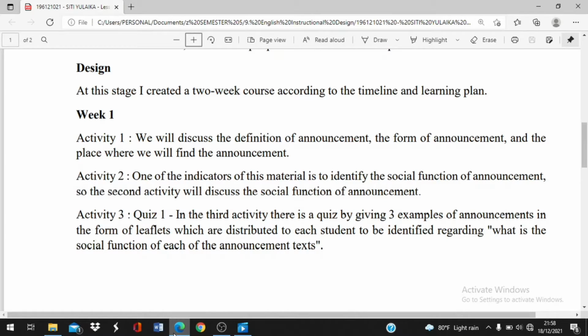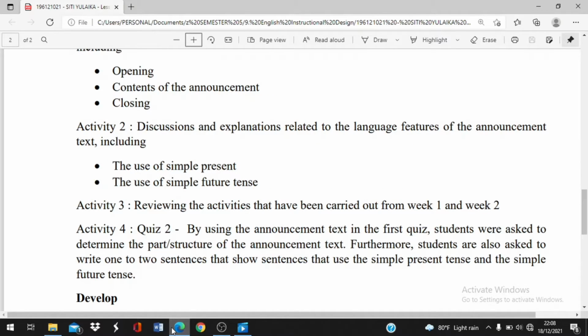Activity 3, Quiz 1. In this third activity, there is a quiz giving 3 examples of announcements in the form of leaflets which are distributed to each student to be identified regarding the social function of each of the announcement texts. The last activity is quiz 2.